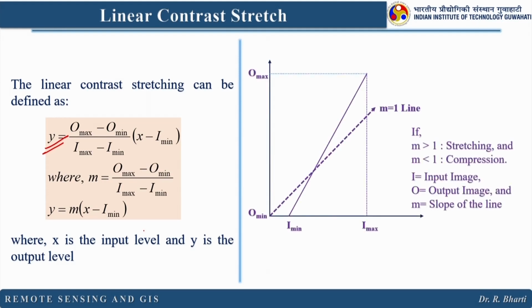Now, if you plot this O max, O min and I max, I min, then this I min is having this difference, right. So, what does it indicate? If M is greater than 1, it indicates stretching. If M is less than 1, it indicates compression. In both cases, you need to apply this contrast stretching, where I is the input image, O is the output and M is the slope of the line.